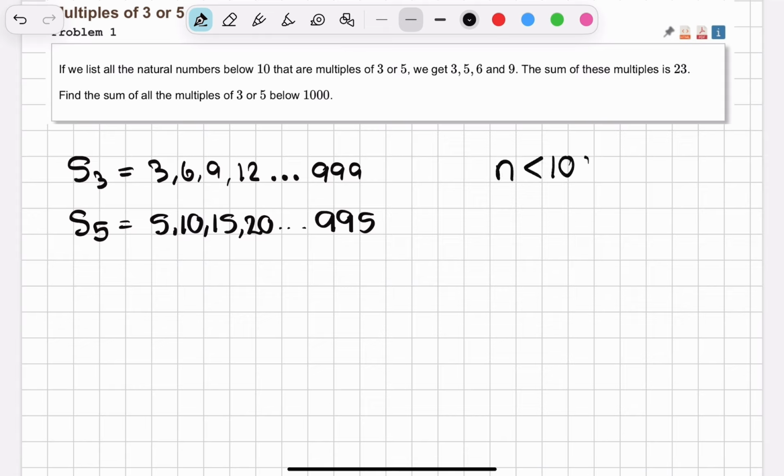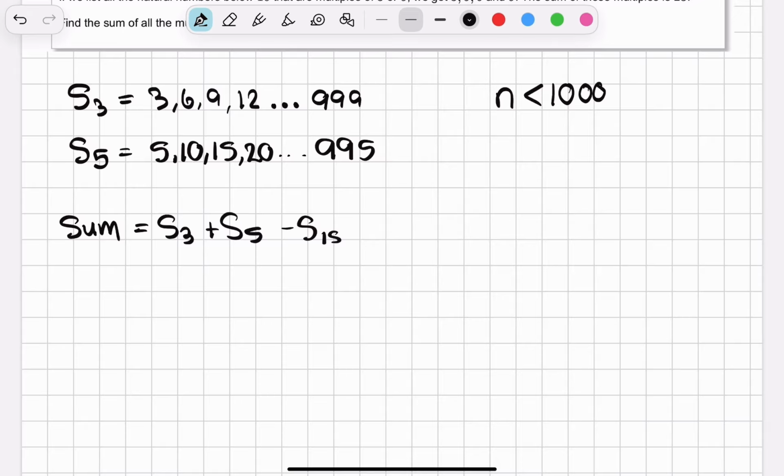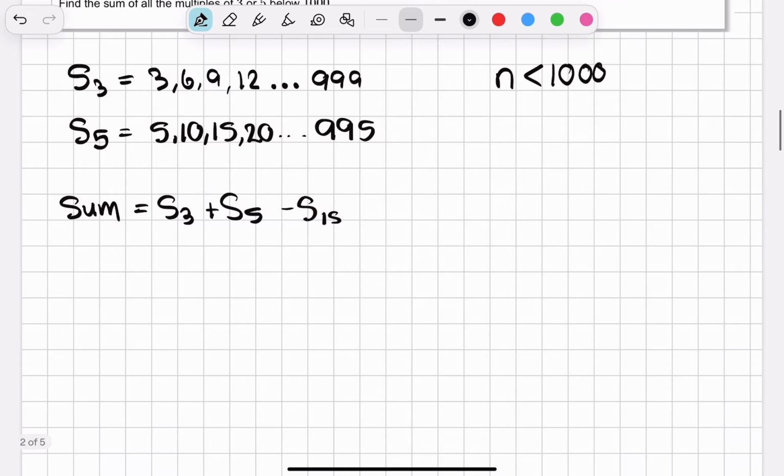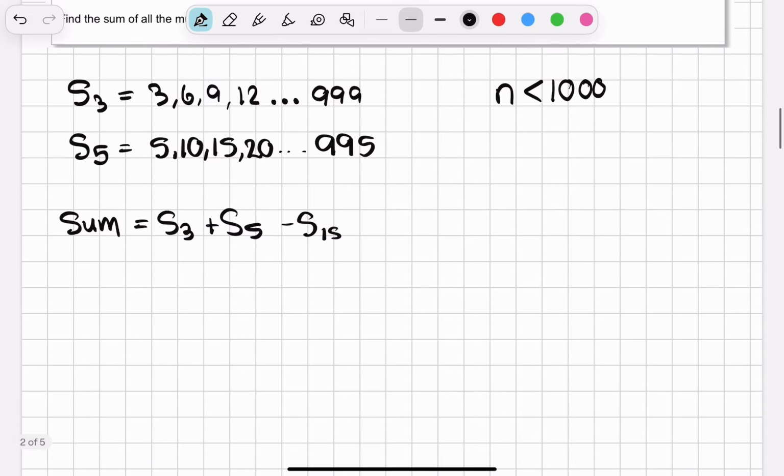So the way we remove such numbers is by taking away the sum of all multiples of 15 below 1,000, so we've got S15. And for S15, we have 15, 30, 45, up until 990.